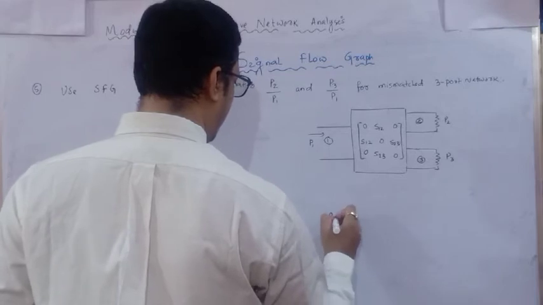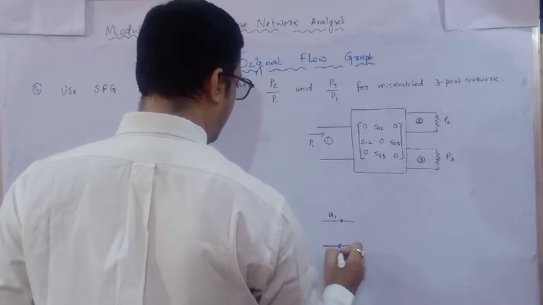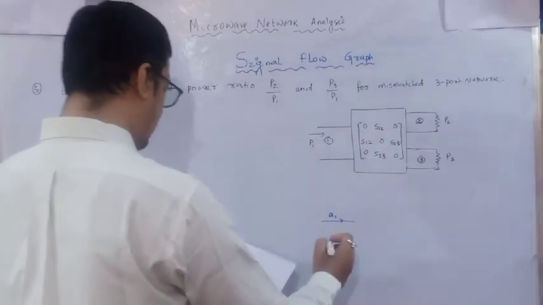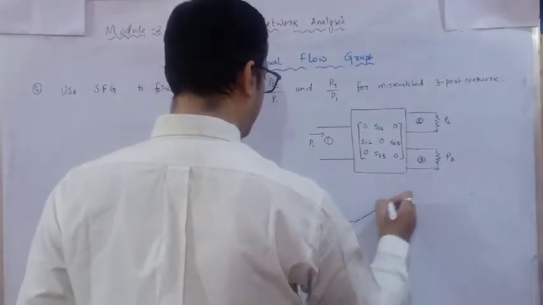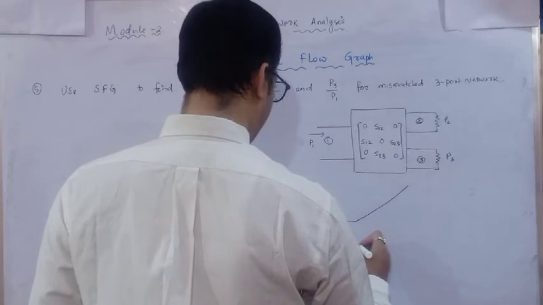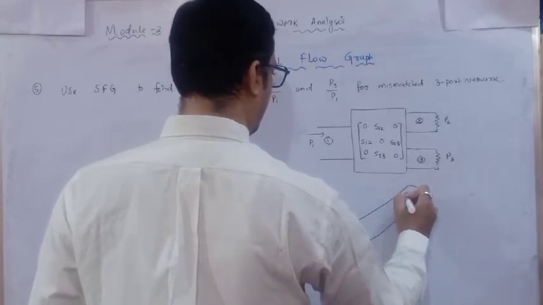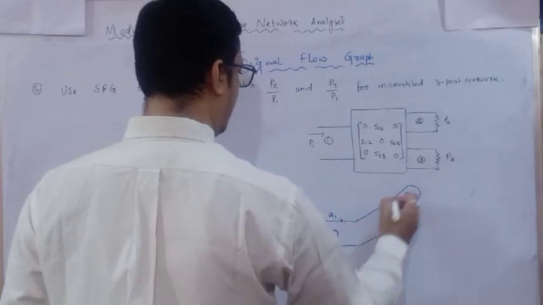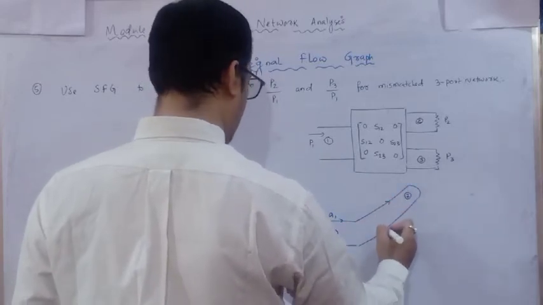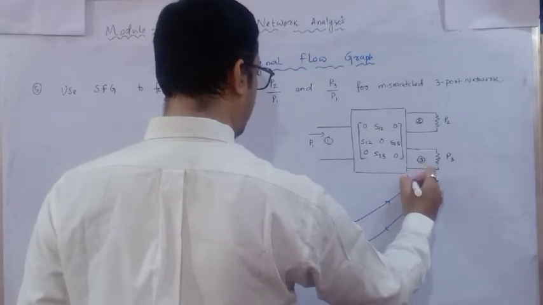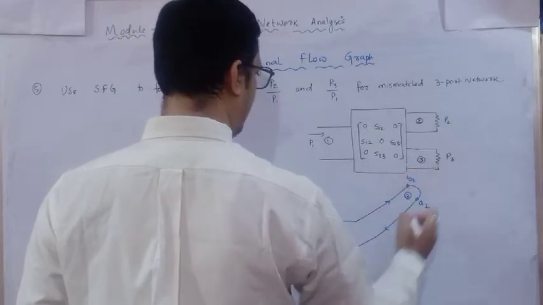So this is our A1 and this is our B1 according to this. Now this is port 2. This is port 1, this is port 2, this is having the node, this is B2 and this is A2.